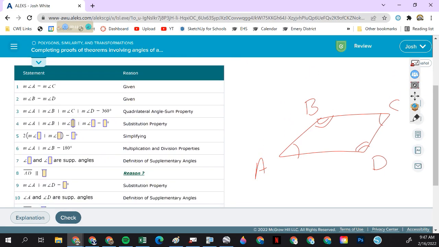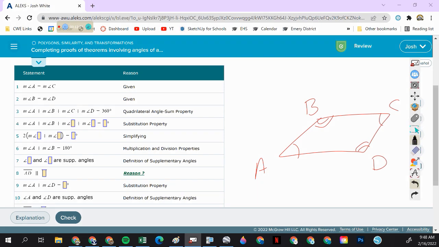Okay. So they have said both of the givens, and we know that A plus B plus C plus D is 360. How do we know that? That is the quadrilateral angle sum property. All quadrilaterals add to 360. Okay, so A plus B plus something equals, we want to use substitution.